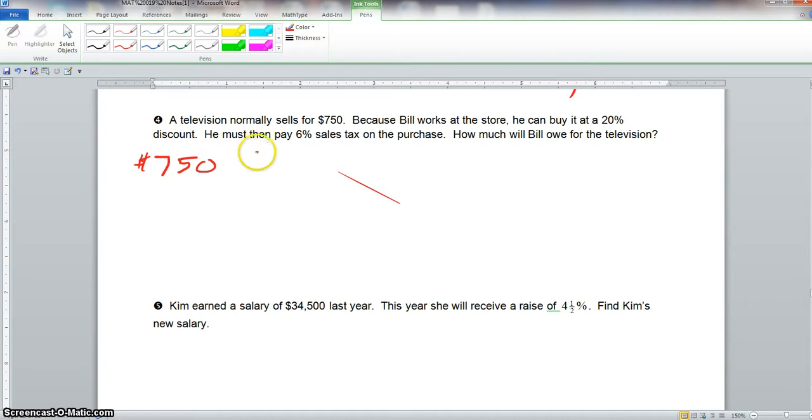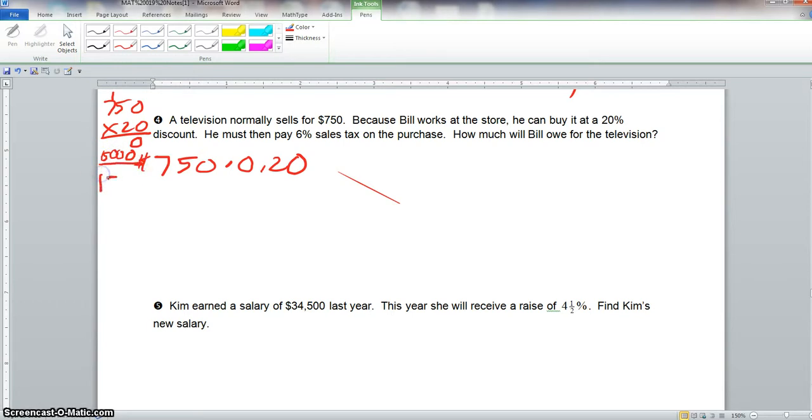So what we could do is this here. We could multiply this by 0.20. So we have 750 times 0.20. And we can go off to the side and multiply that out. 750 times 20. We have 0. And then we will have another 0. 2 times 0 is 0. 2 times 5 is 10. Carry our 1. 2 times 7 is 14. Plus 1 is 15.